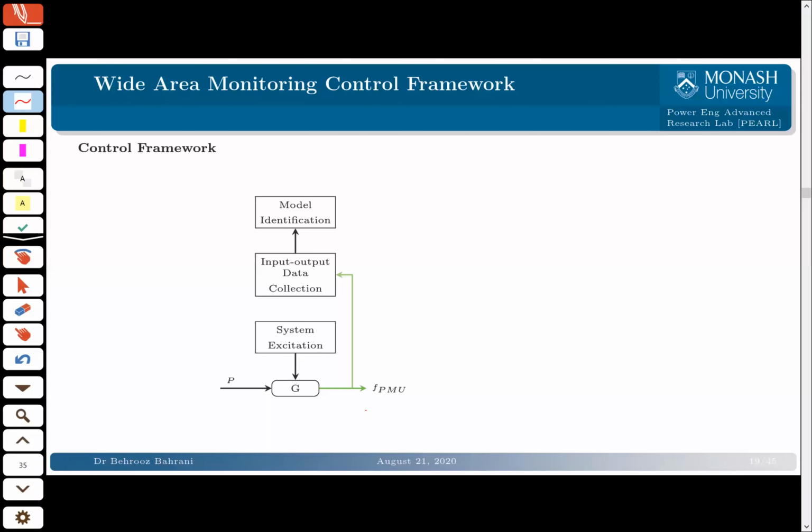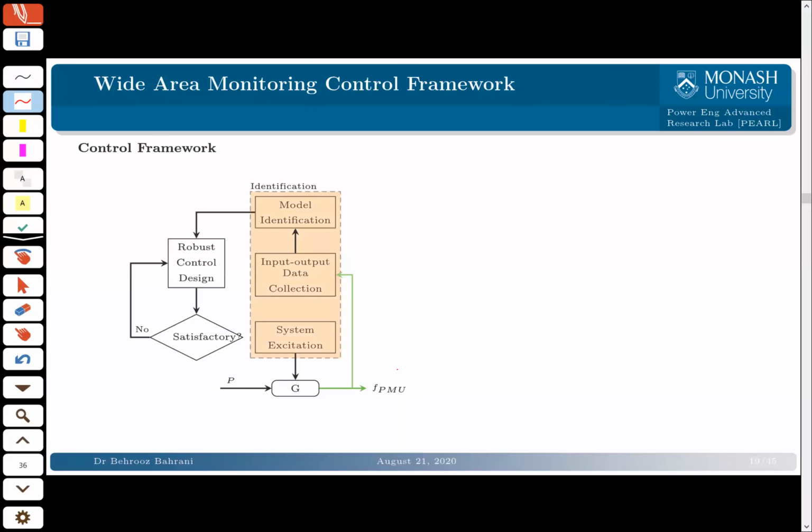So what we did, we excited our power system at a given point, and that system excitation is nothing but a PRBS signal on top of the set point for the power, and it would give us some oscillations in the frequency. We would get the data and identify the model. Then, using the identified model, we use a robust control design method to design a controller that would give us satisfactory performance.